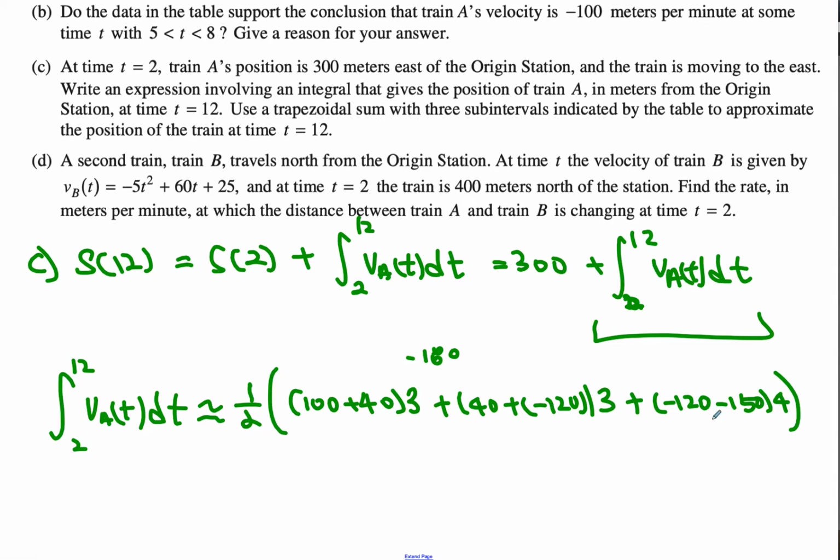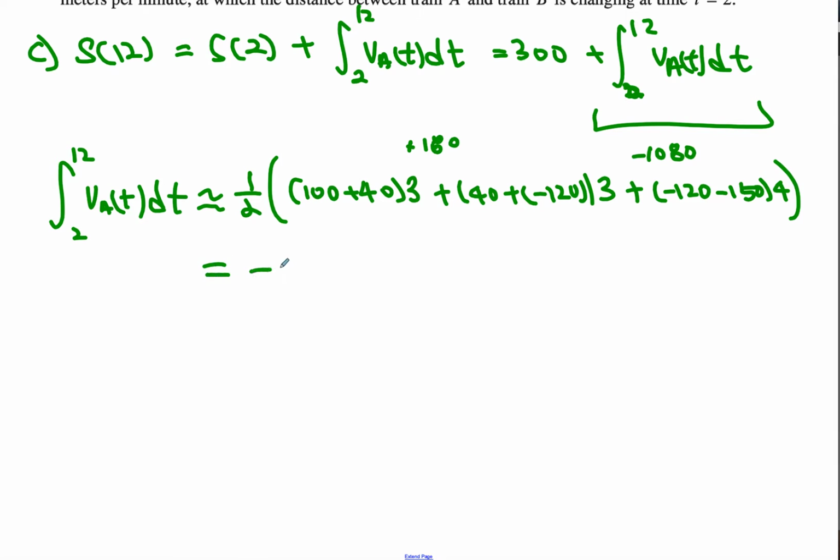And then this is negative 270, times 4, which is negative 1080. So when you combine them together, we get negative 900, and half of that is negative 450. So our final value is 300 minus 450, which becomes negative 150.